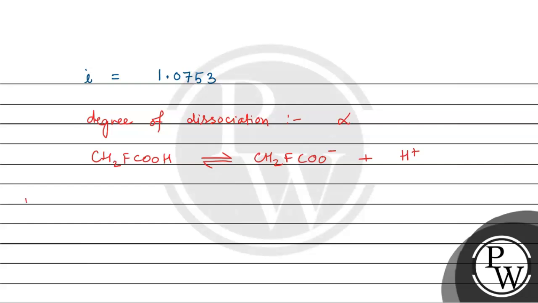So the initial concentration, let us assume this is C moles per kg, here it will be 0, and the final concentration, considering the degree of dissociation as alpha, will be C into 1 minus alpha, and this will become C alpha and C alpha.